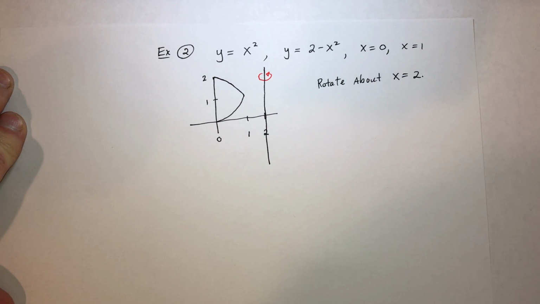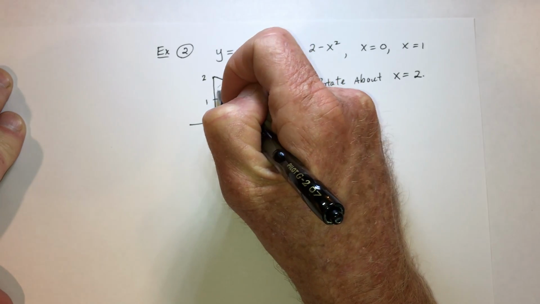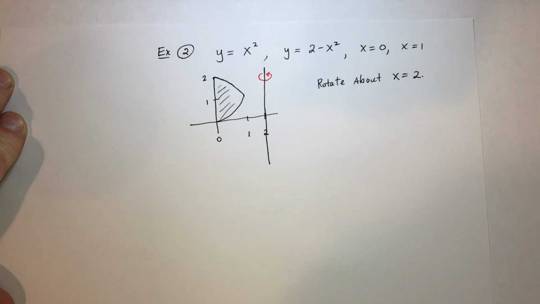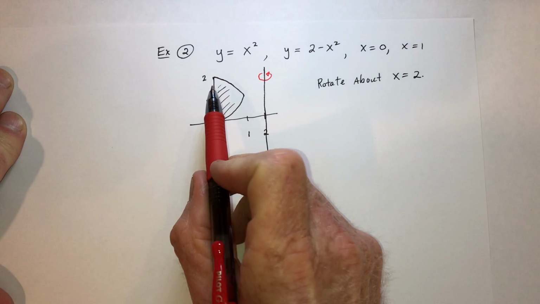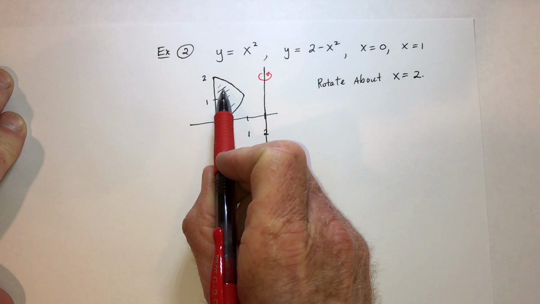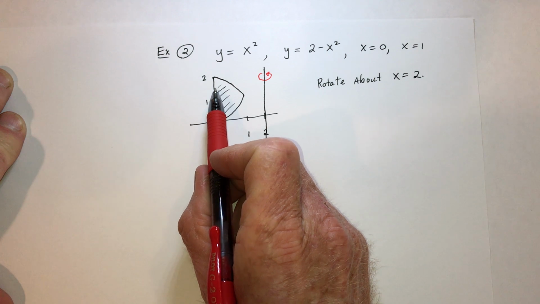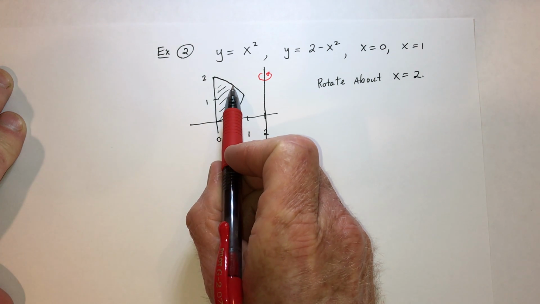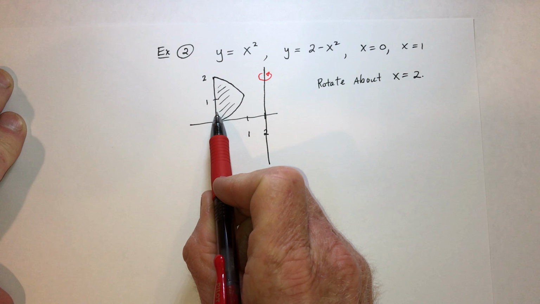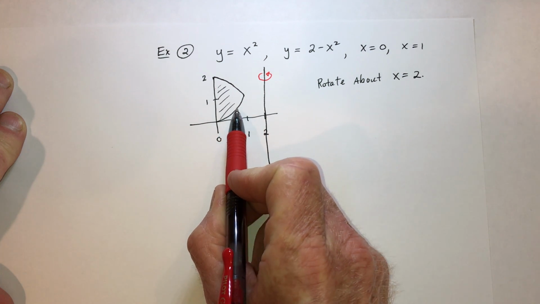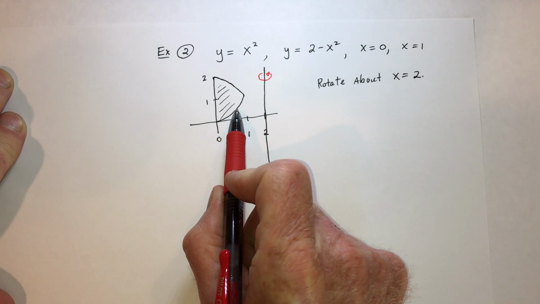Well, the first thing to do, when you're looking at this area, is decide how the rectangle should go. So if you put the rectangle horizontal, that means we're going to have to do two integrals. One integral when it goes across and hits this parabola, and a second integral when it goes across and hits this parabola. That is going to double our work.